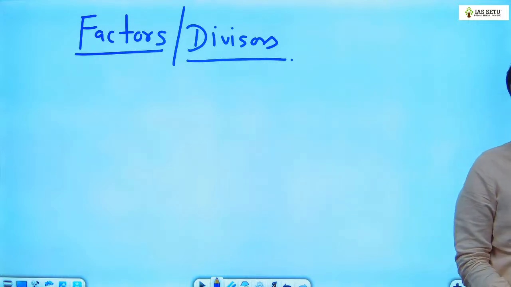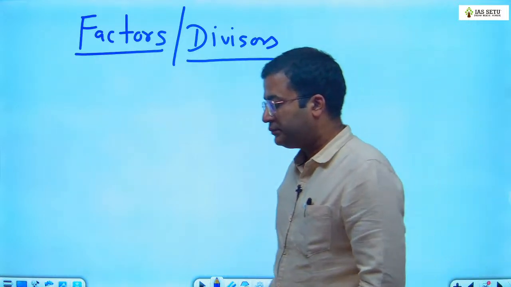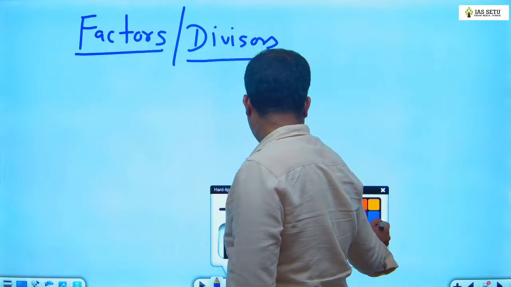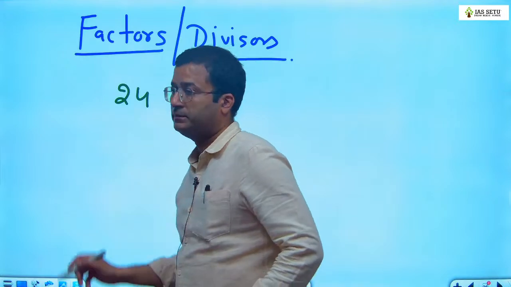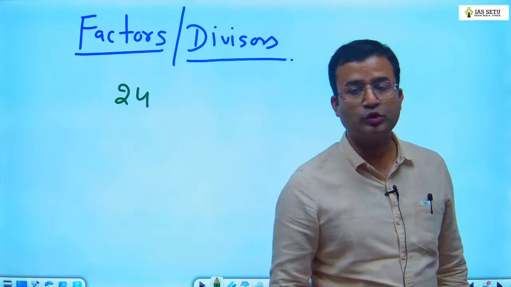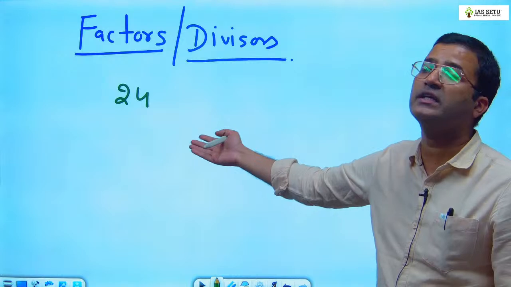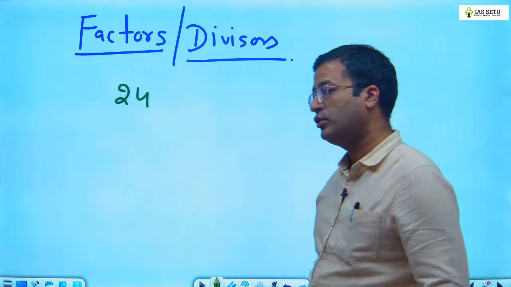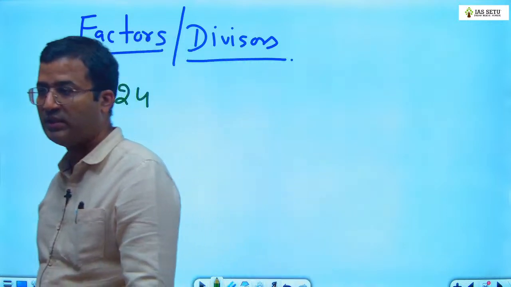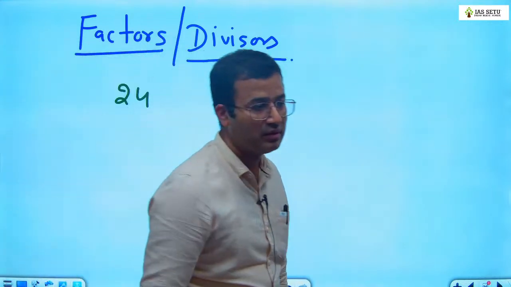Any observation? Can you tell me the factors of 20? Those who don't know factors and divisors: whatever can easily divide 20. 1, 2, 6, 3, 4, 12.